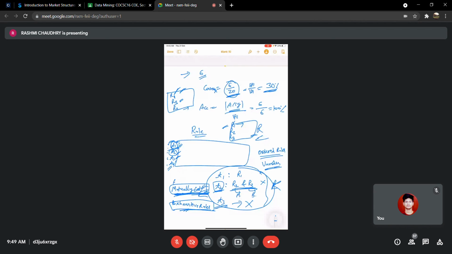So what happens: first for T2 I will check whether it triggers R1 or not. If it is not triggering, then we go to R3. If again it is not triggering, then we go to R2. But most of the time the trigger will be done by the higher priority ones. In unordered rules, triggering will be based on a particular class.